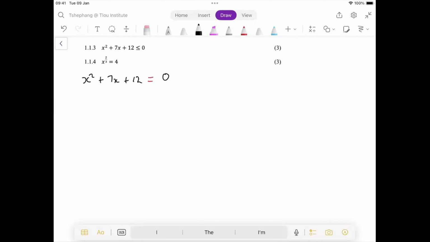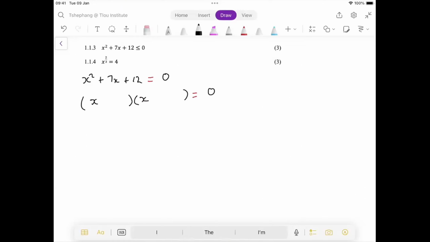Can we not factorize this? The reason I wrote an equal sign is because I know it looks like something that we are used to. It's not intimidating anymore. Still equal to 0. Can we not factorize this? We definitely can. x and x, two numbers that are going to give me 12.